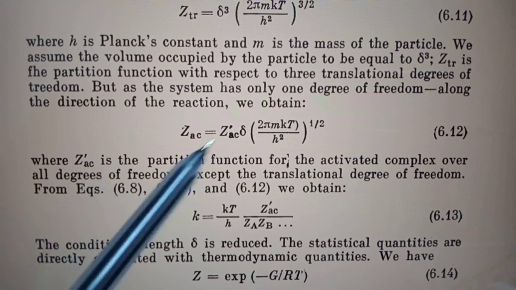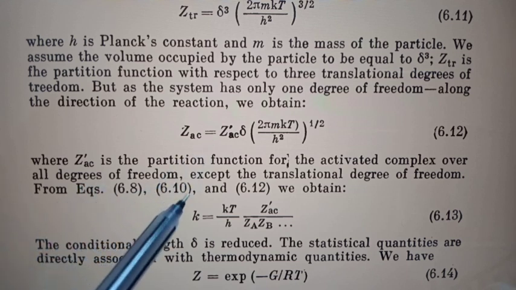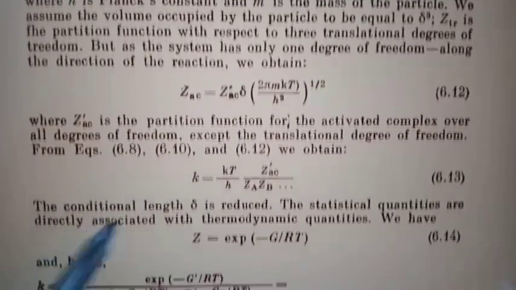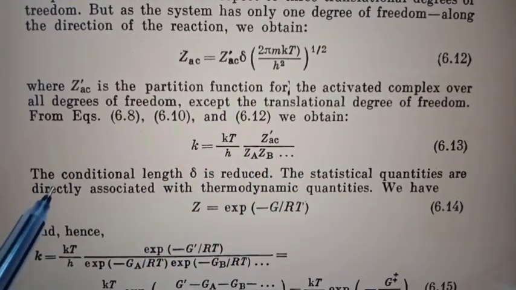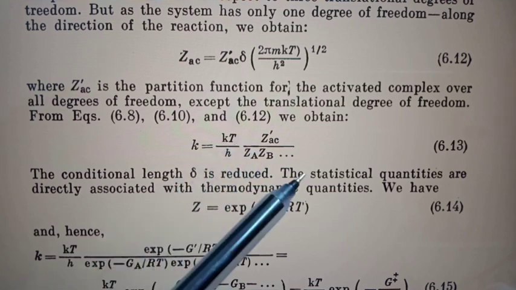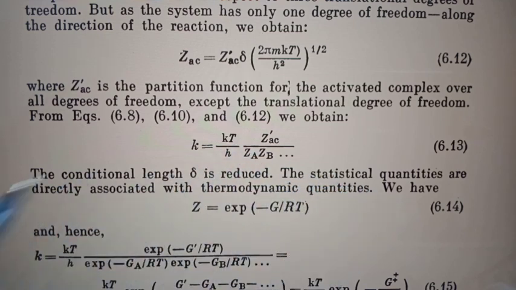From equations 6.8, 6.10 and 6.12 we obtain this equation. The conditional length delta is reduced. The statistical equations are directly associated with thermodynamic quantities.